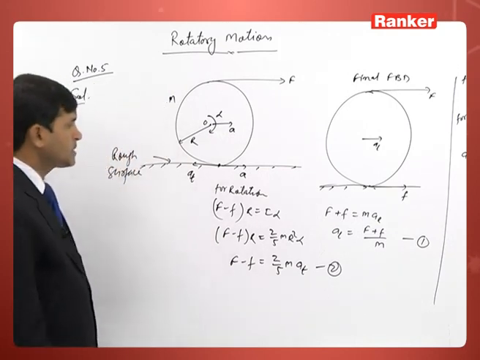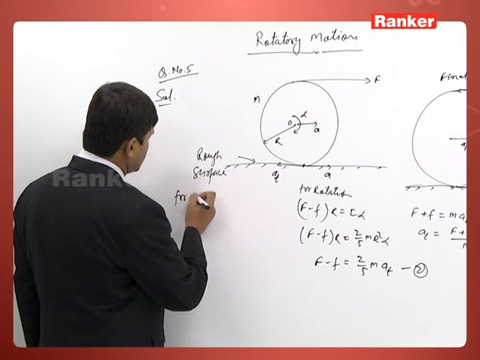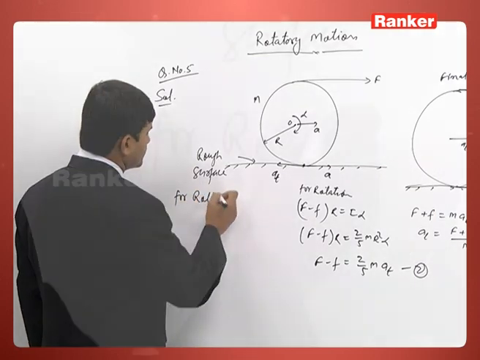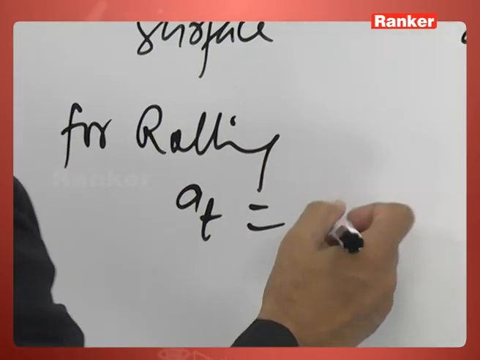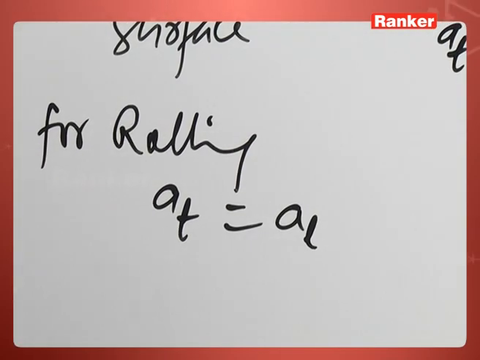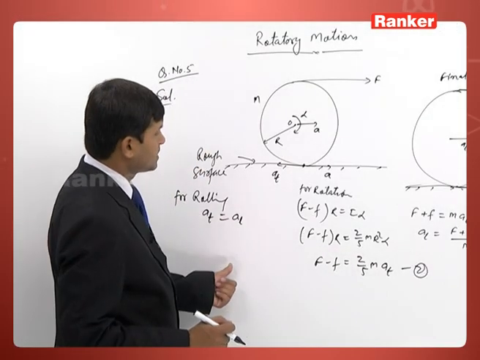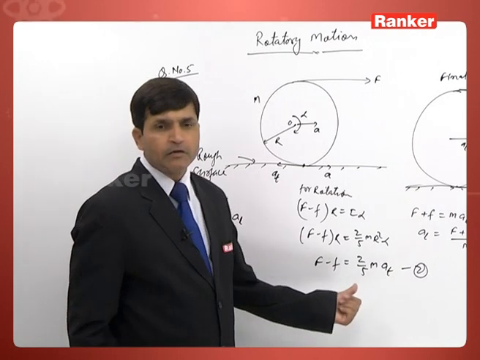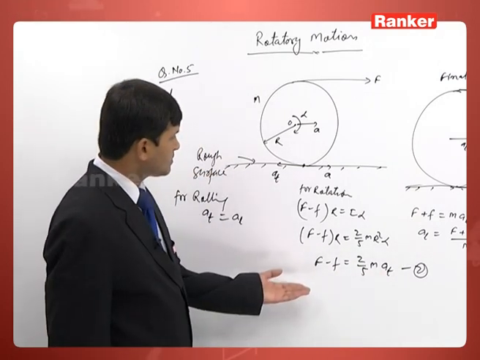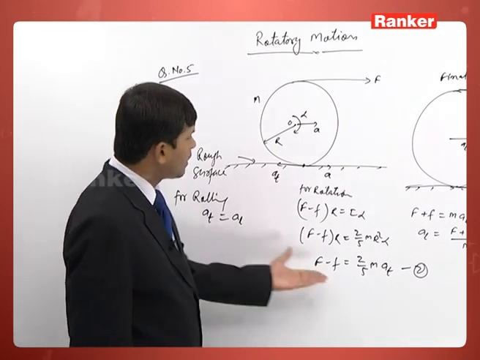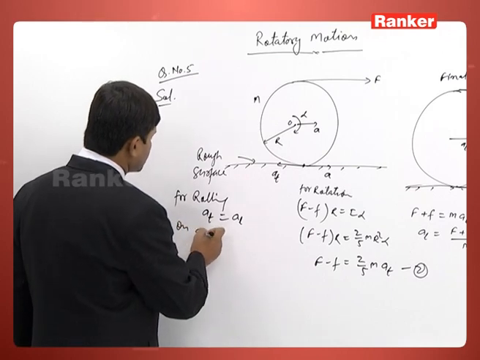Second, now for rolling, A tangential is equal to A translational, A tangential is your AL. Here we can determine the value of A tangential.